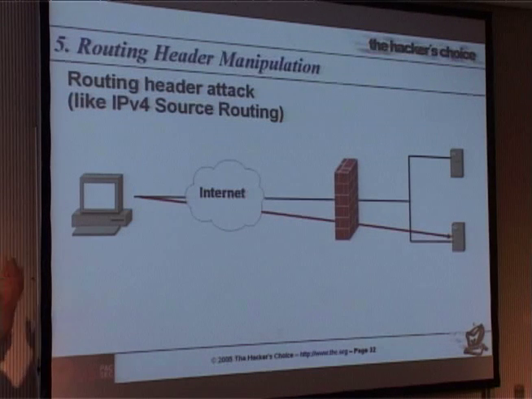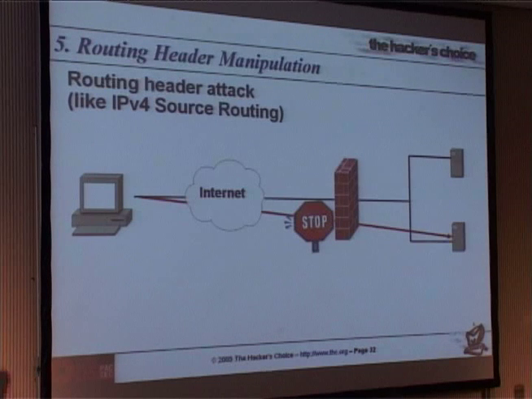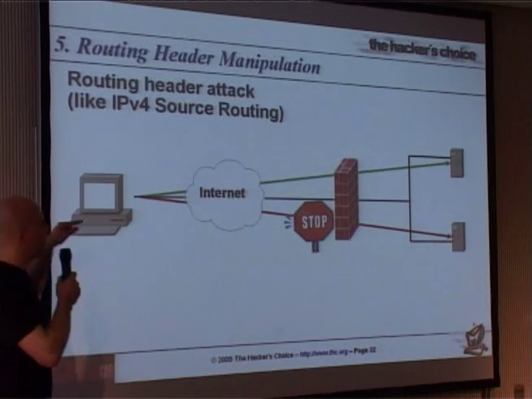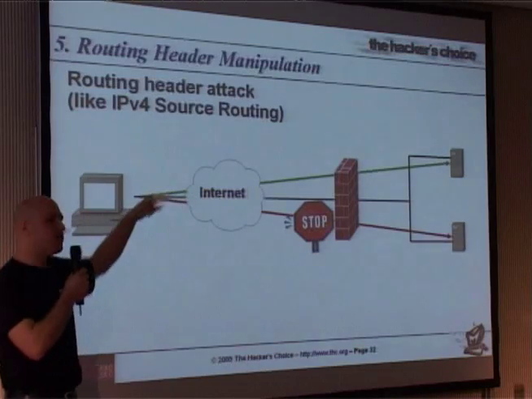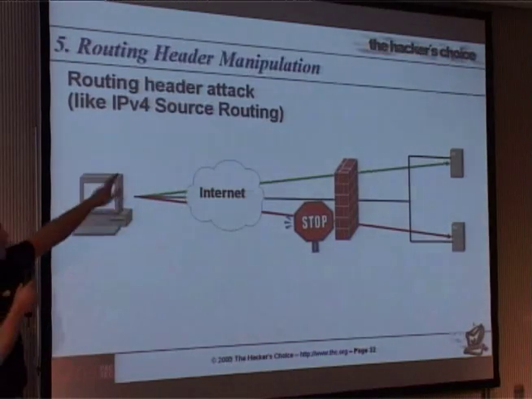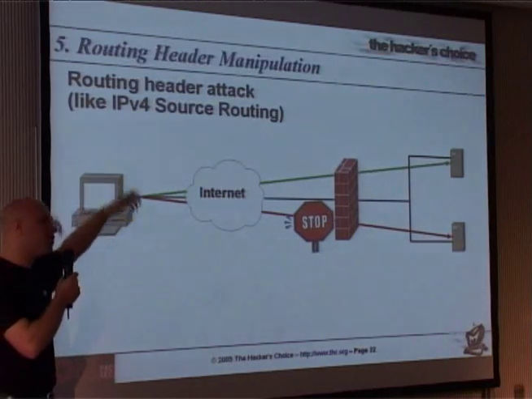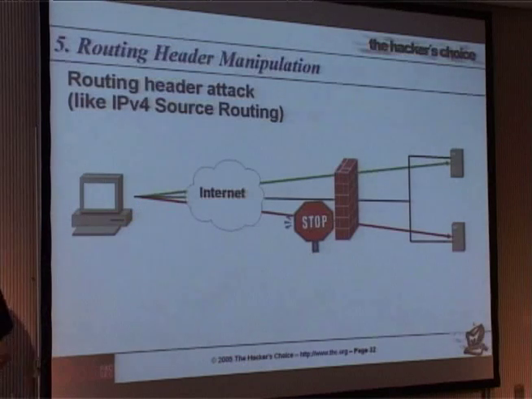You have a server and there's a firewall in between. You would like to access, let's say, the admin web port which is there but is not allowed by the firewall. No communication to this IP address is allowed, but you may access the other server. So with source routing, you could say on IP version 4, please give the packet to that machine, and if it receives it, remove the IP address, put another target in, and pass it on.